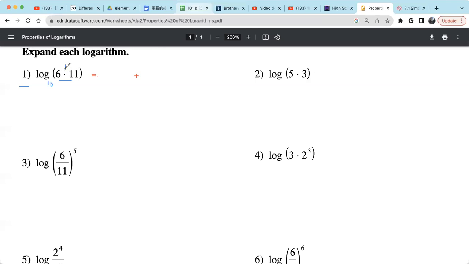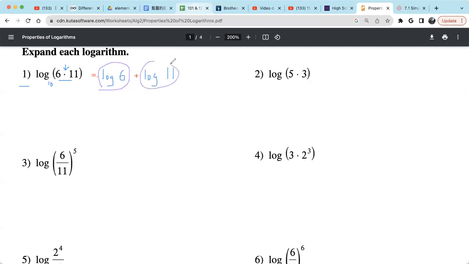Because this is a product, I can write the first one as log base 10. I don't have to write the 10. So this is log 6 plus log 11. All right. So what is the meaning of this? The meaning of this is exponent of base 10.